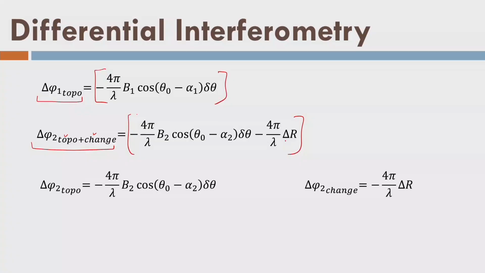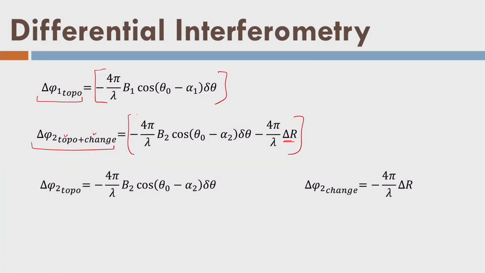Now we want to bring their measurements in one reference system or in one comparison frame so that I can compare their values. I will rescale one with respect to the other. Generally, we have the term delta R in the first and third acquisition, and that is why we will rescale the psi 1 term. Note down that this is the topographic term here, and here this is the change term.